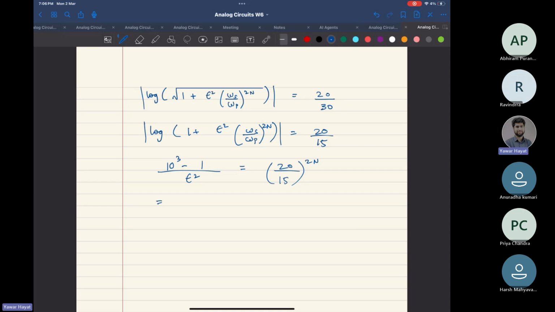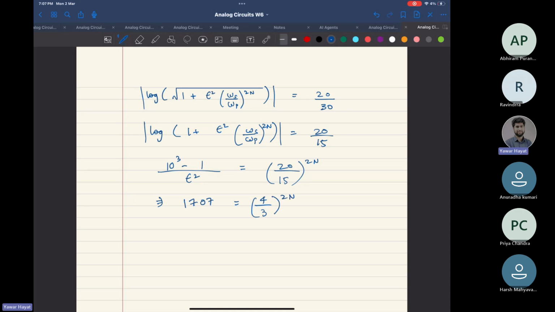I had computed it before. So I can write this as 1707; you can check the calculations later. It will be 4 by 3 raised to the power 2n.